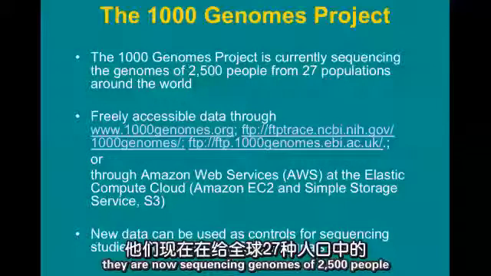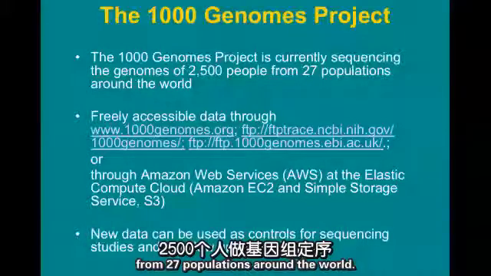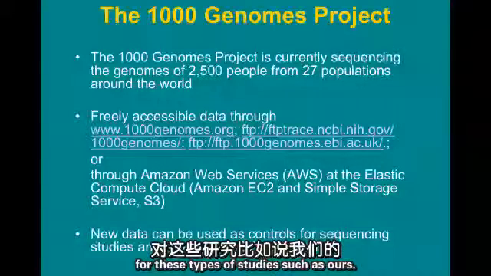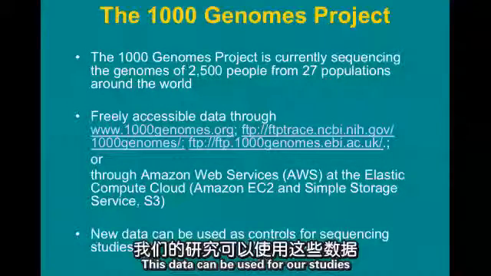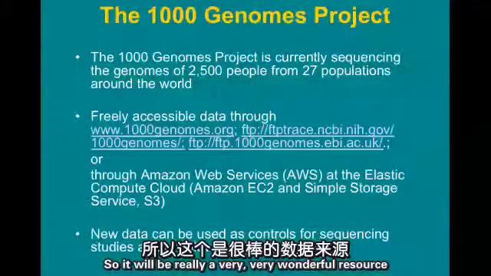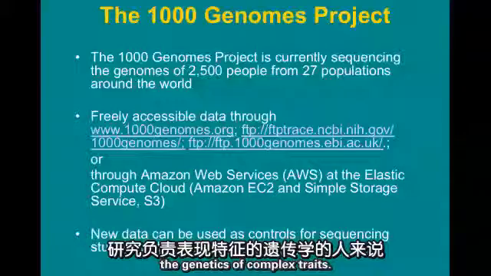Another benefit is that they are now sequencing genomes of 2,500 people from 27 populations around the world. So that will be very beneficial data for studies such as ours, where we need the control exomes, and we need the control sequences. And this data can be used for our studies and to follow up the GWAS signal. So it will be really a very wonderful resource for all people working with genetics of complex traits.